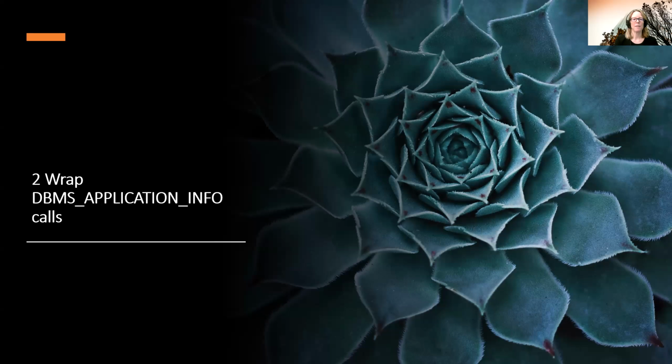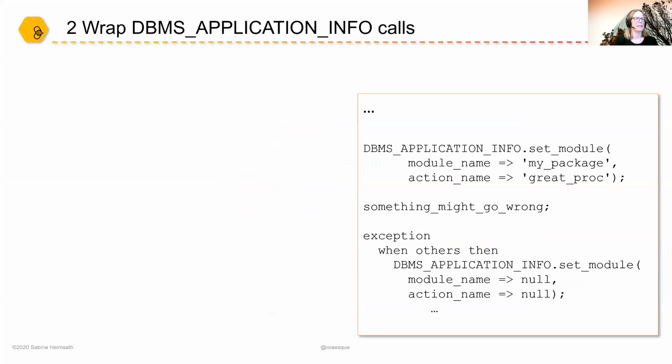Wrap your DBMS_APPLICATION_INFO calls. Yes, DBMS_APPLICATION_INFO is what you actually see in the V$SESSION table. And here you see we say it's my package, and we're calling a procedure. And when we're done with it, or when we are in the exception, we should set it back to null, because otherwise it would stay on.